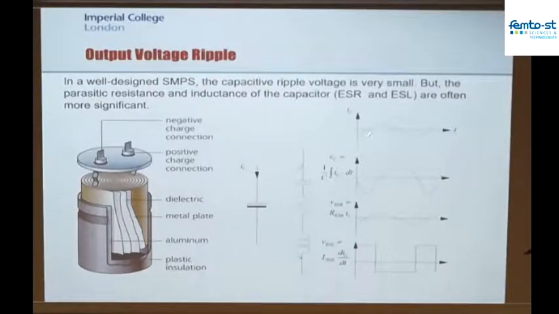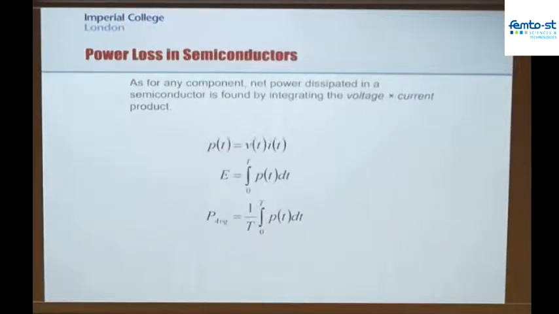If you put a current shaped like this, the AC current from our inductor ripple, into these three components, the capacitor is integrating this perfectly. That's what you get when you integrate it. The resistance is giving you a voltage across it which is proportional to this. But unfortunately, of course, the inductor is taking the derivative of this and giving it a square wave. And the overall voltage that you see across what you expect to be a capacitor is actually the sum of the voltage across three separate components. And so it's not as good as you think it's going to be.